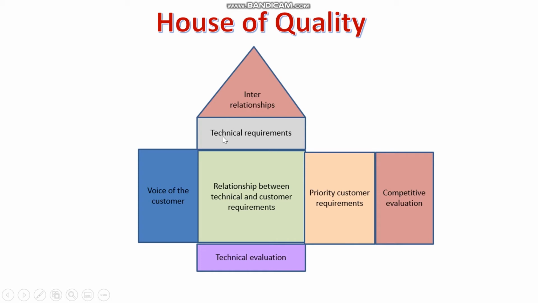The interrelationship between the technical requirements we have to build at the top of the house of quality. Then after that, as an outcome of this house of quality, we will find what priority we have to give in the customer requirements, and also priority in technical requirements.